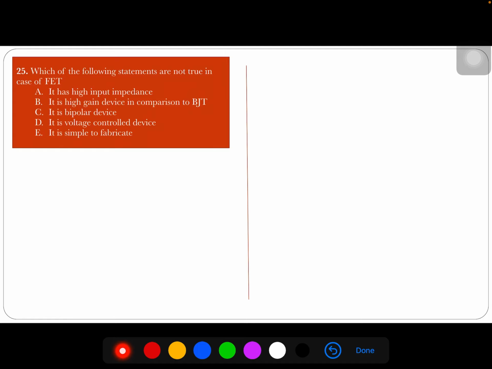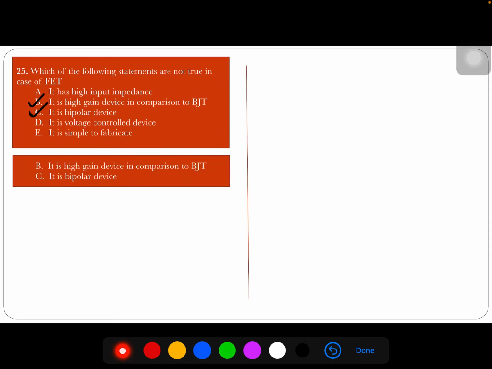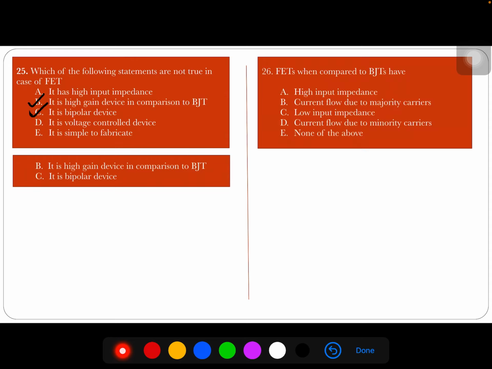So it is a high gain device in comparison to BJT, that is a false statement. So one of the answers will be this. It is a bipolar device. Wrong. It is a unipolar device. This will also be an answer. Voltage controlled. Yes, it is correct. Simple to fabricate. This is also correct. So the false statements, or the answers for this question, are B and C.